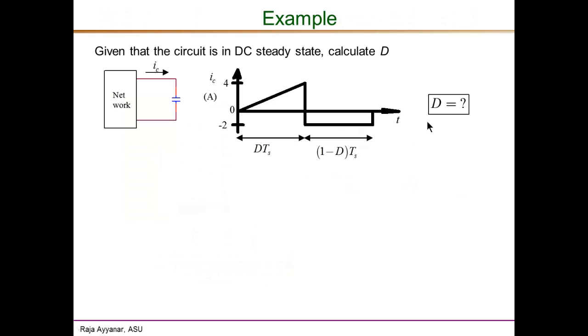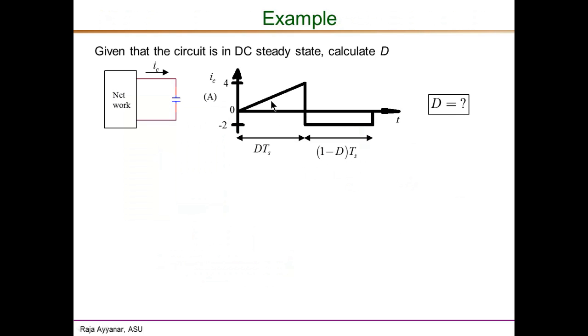The question is to calculate the value of D. D is the duty ratio, and it is defined here: the interval where the current is positive is the D times TS interval, and the duration where the current is negative is 1 minus D times TS.